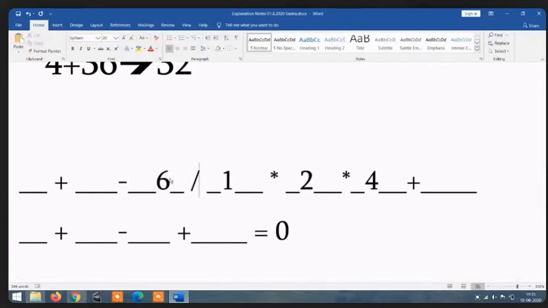Make this as 6, 1, and this is 2. So with the remaining numbers, I think we can have 12 here. Okay. Just give me a minute.